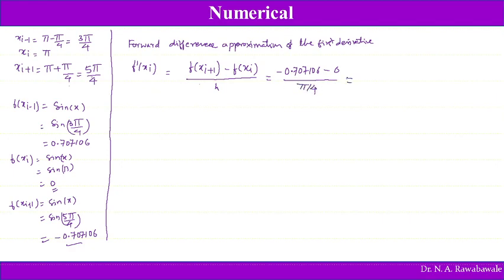So this works out as minus 0.707106 into 4 divided by pi. This is going to be minus 0.9003. Now to find out relative error, true error, the true value which is known to us is minus 1.